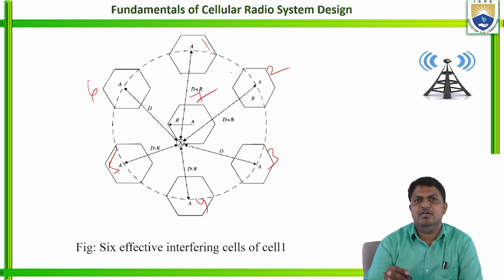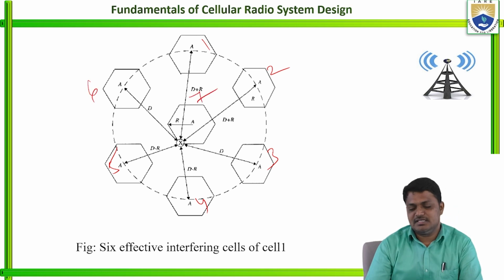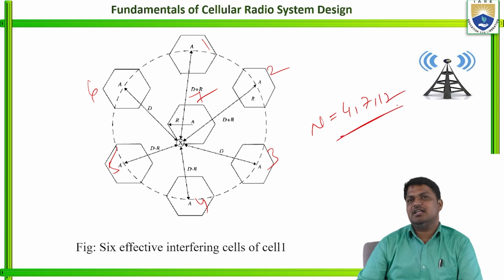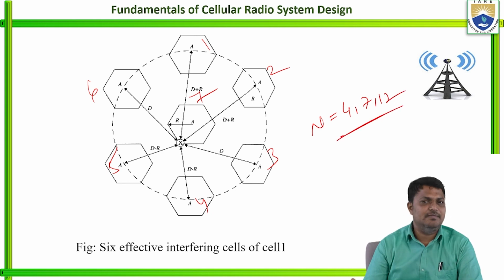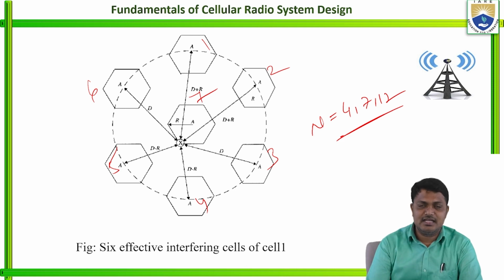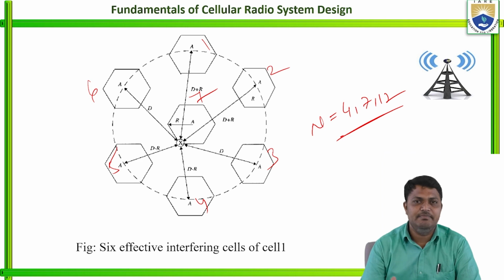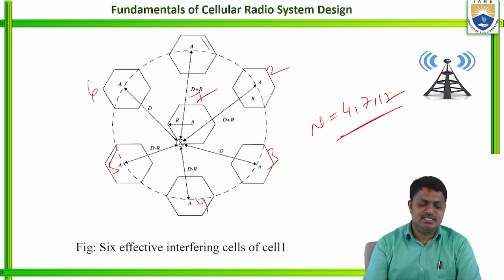We already know that the number of cells in each cluster is given as n equal to 4, 7, 12, the standard values. And we are taking as an example the co-channel interference for 7-cell reuse, that's why I am taking the n value equal to 7 here.